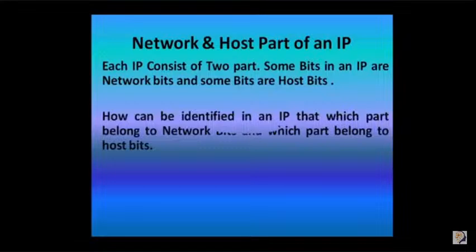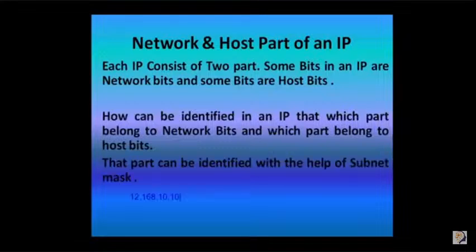How can I identify which portion of an IP is the network part and which is the host part? It is a complete network, like a city, and this is the host identification on the network, like house numbers. This is how you identify a complete network and a device inside the network.